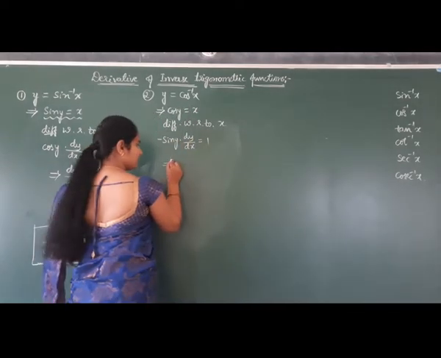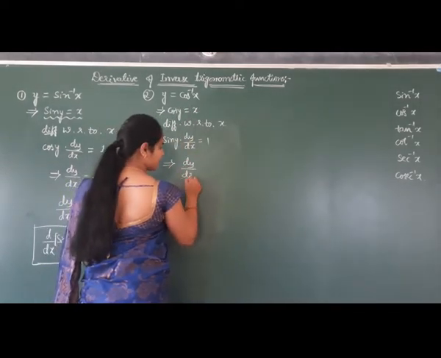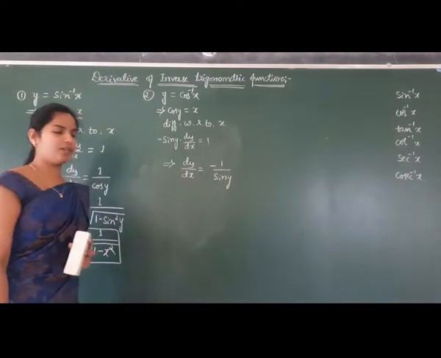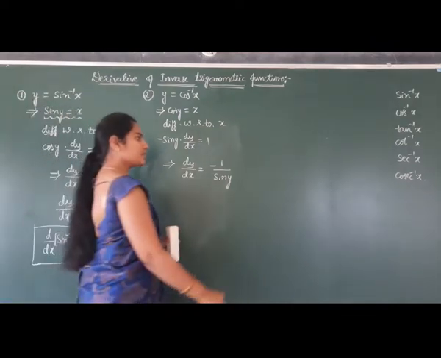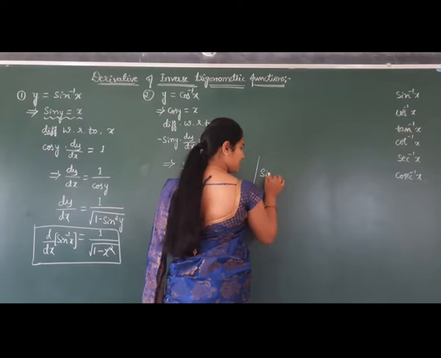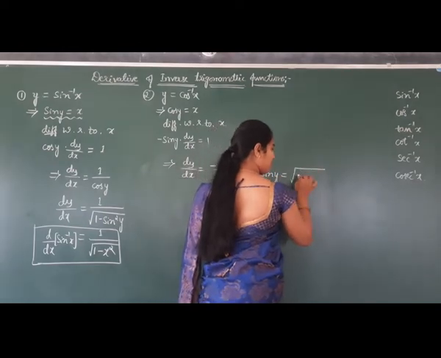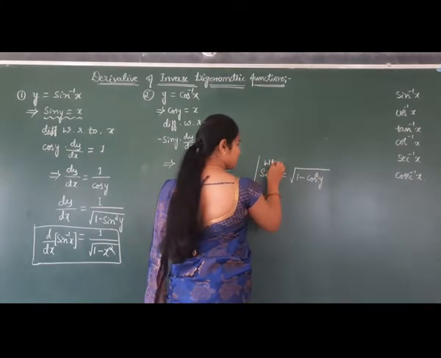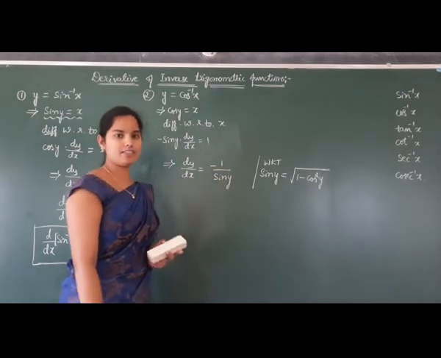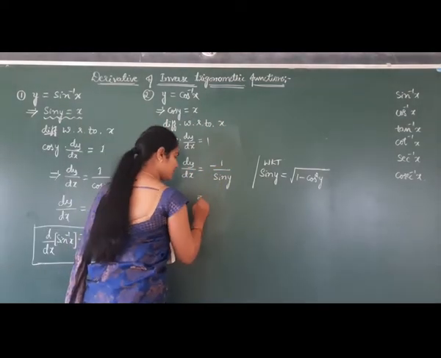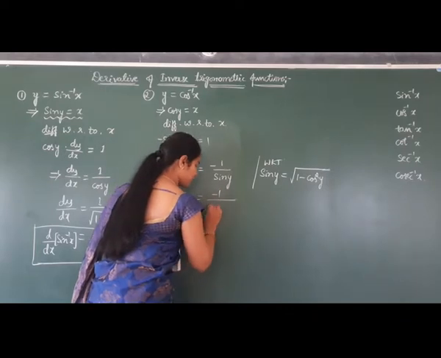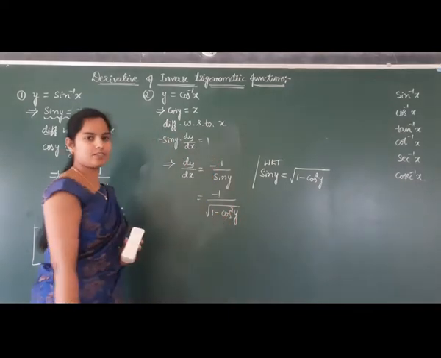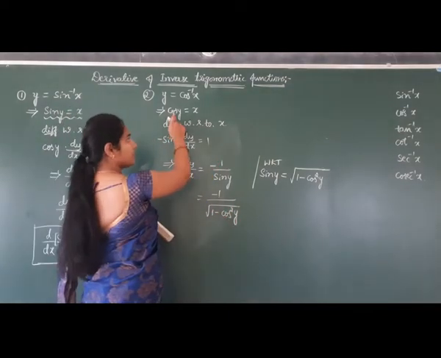This implies dy by dx is equal to minus 1 divided by sin y. So then sin y is equal to square root of 1 minus cos square y, right? So this is equal to minus 1 divided by square root of 1 minus cos square y. So what is cos y here? X, right?